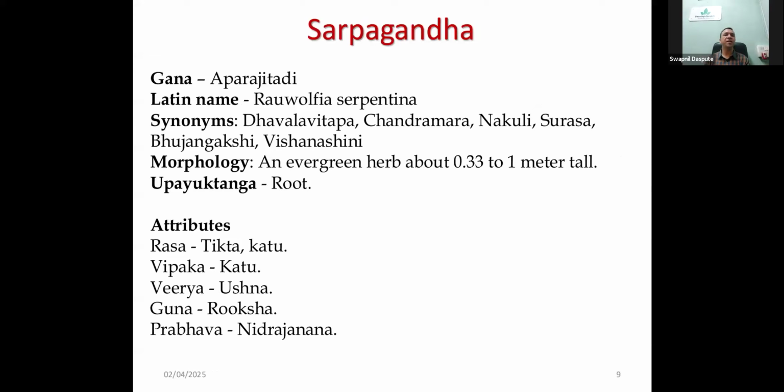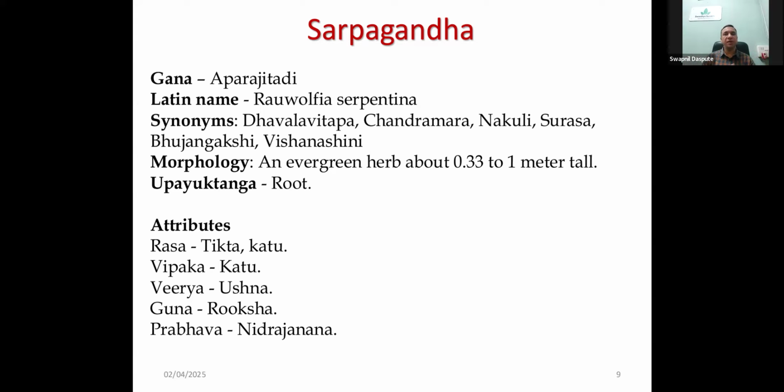We move on to the next herb, which is Sarpagandha. Literally, that word means Sarpa is snake and Gandha is smell. Smells like snake.